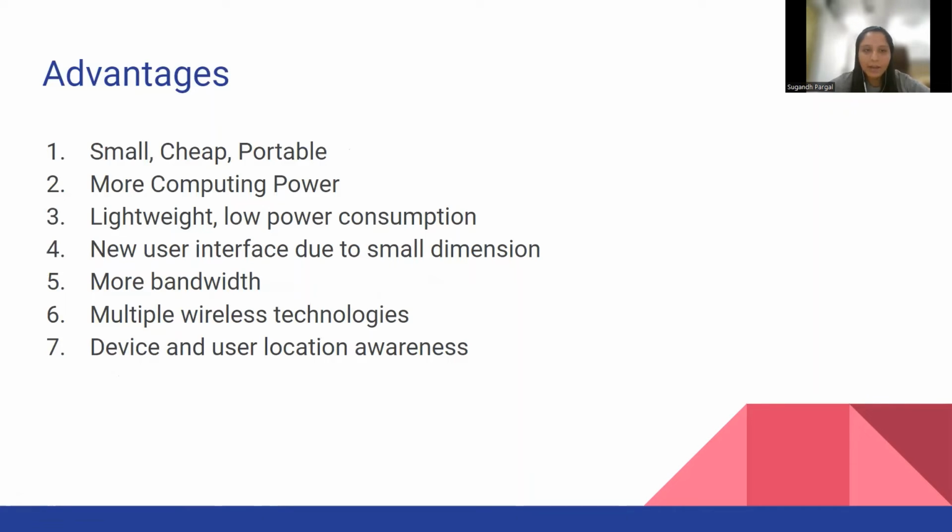It has the higher computation power. Also, it is a lightweight and low power consumption device, as the software and the hardware are not very heavy computed things. So the power consumption of these devices is very low.